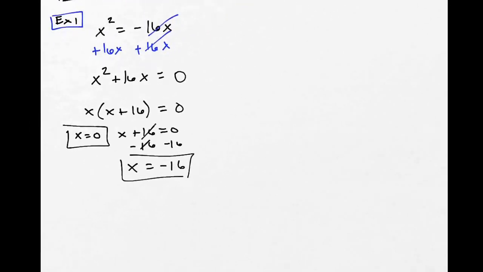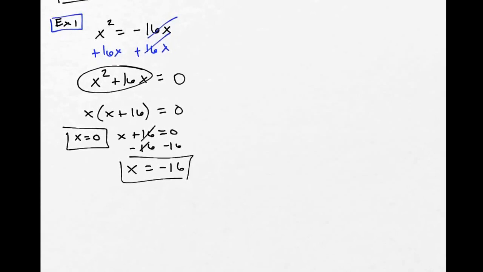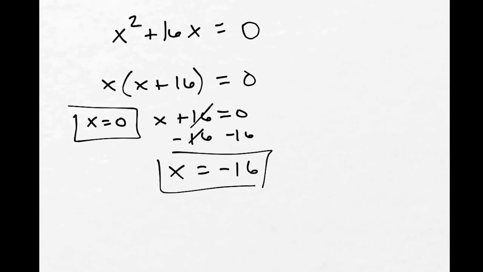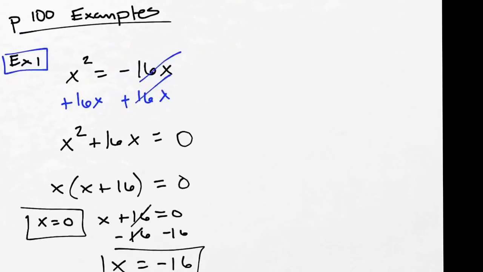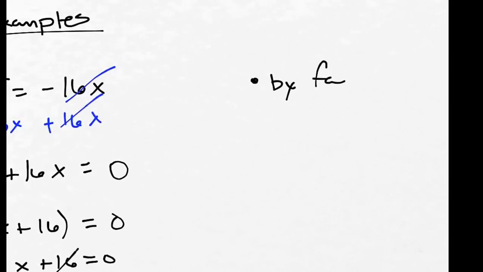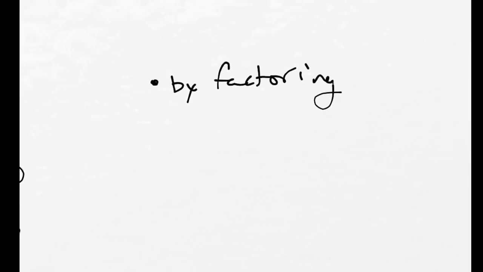So, explain your reasoning. I know that I solved it by factoring because I can take out something in common. So I'm gonna say here are the reasons that you can use: by factoring what's in common.